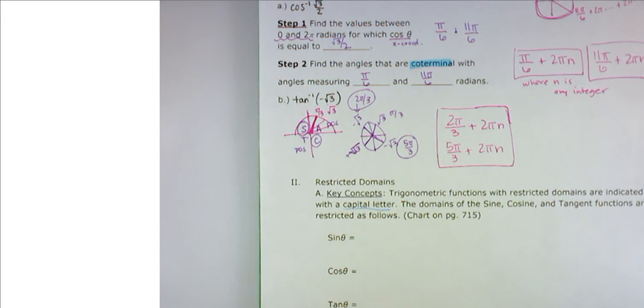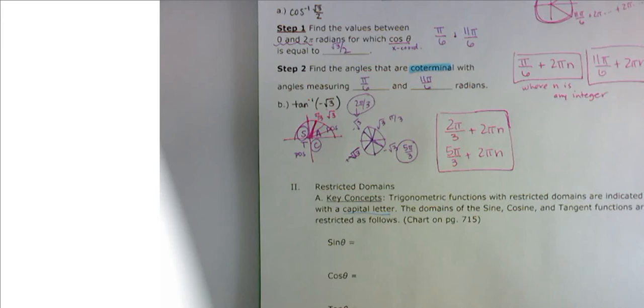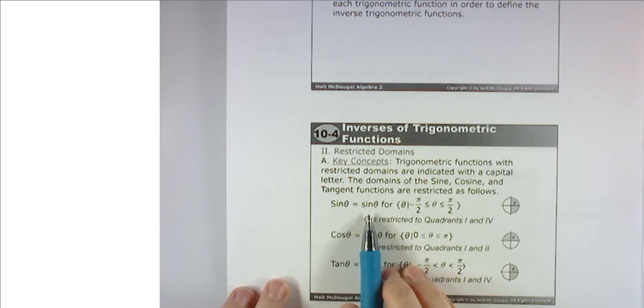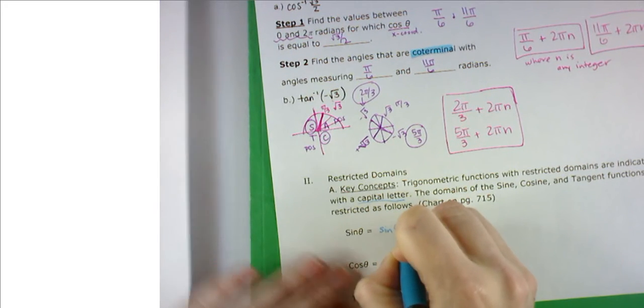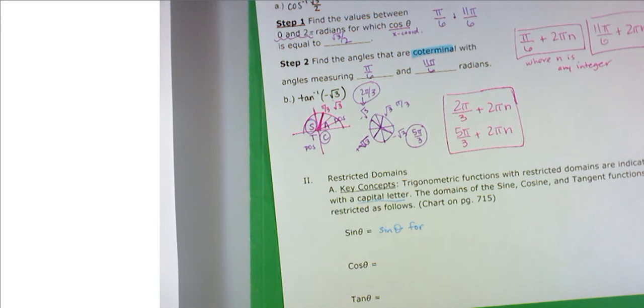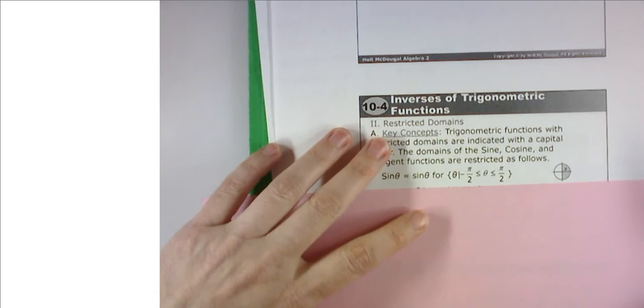So the sine of theta, it's the same as the sine of theta for, and I'm just going to show you this part here. So this is your set builder notation. When you see this, it's theta such that theta is in between negative pi over 2 and pi over 2. That's what that means.